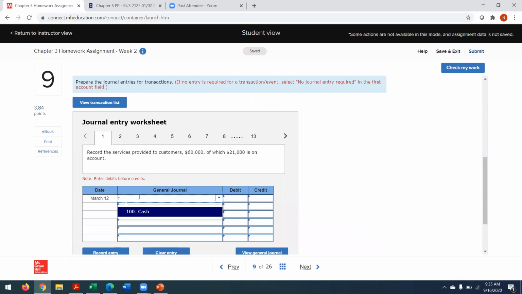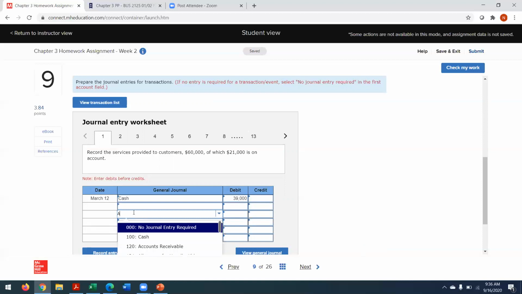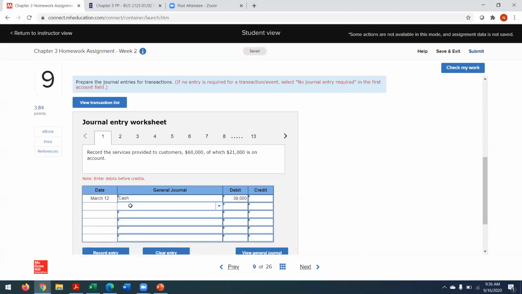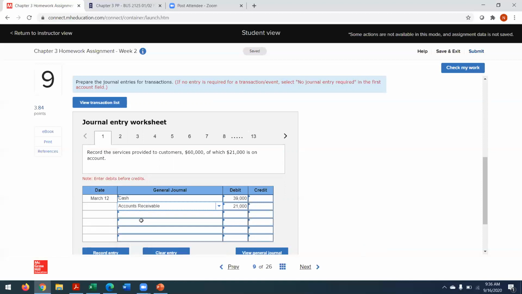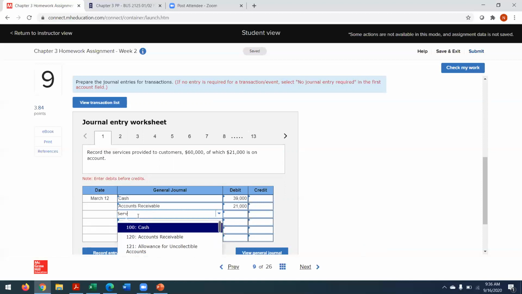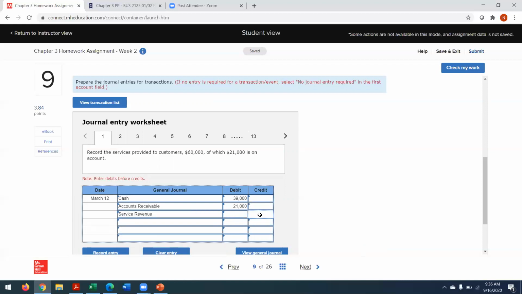Okay, so we have cash. What did I say, guys? Accounts receivable was first, I think. And then we have service revenue for 60, right?